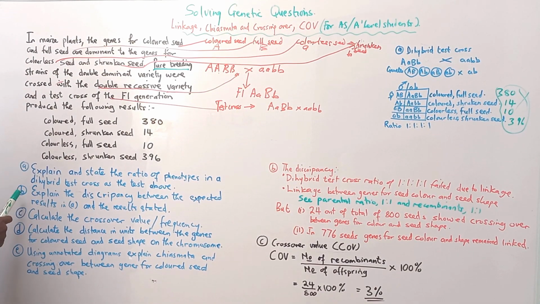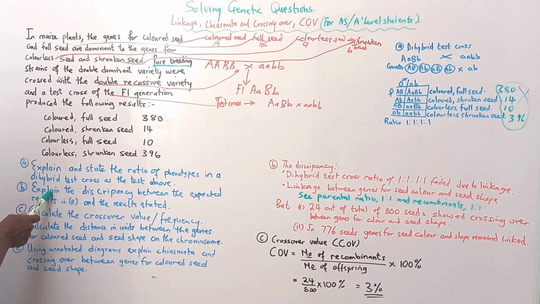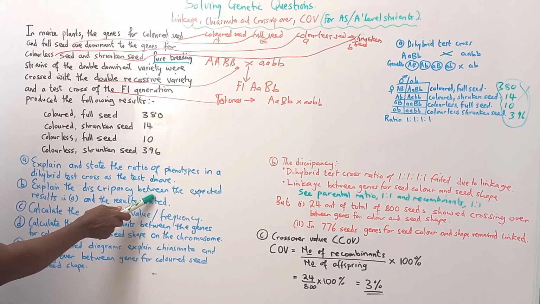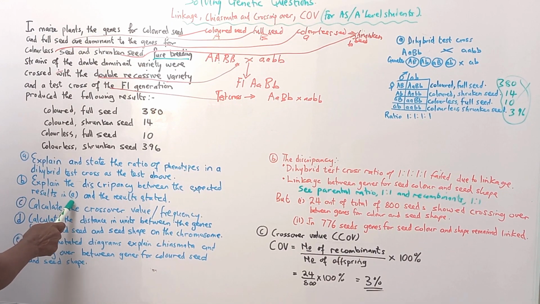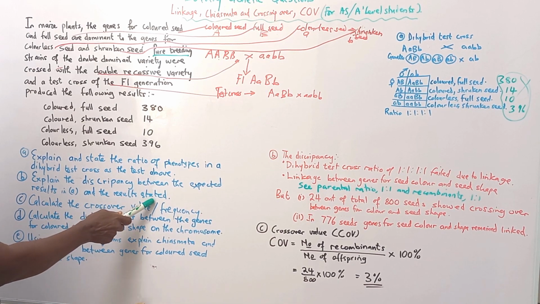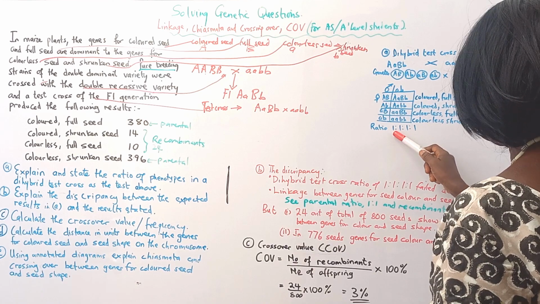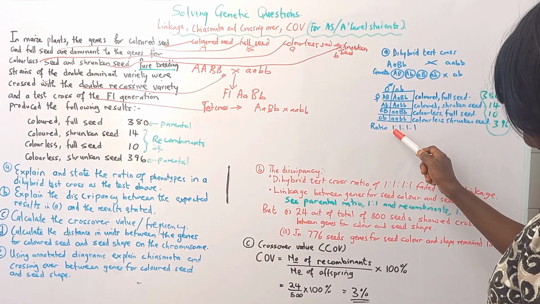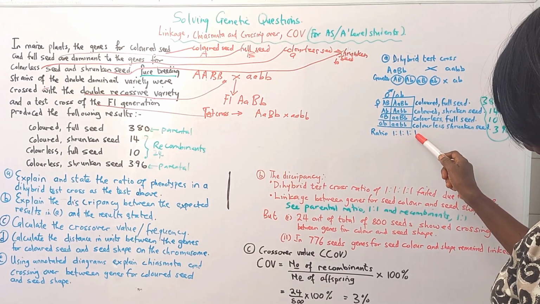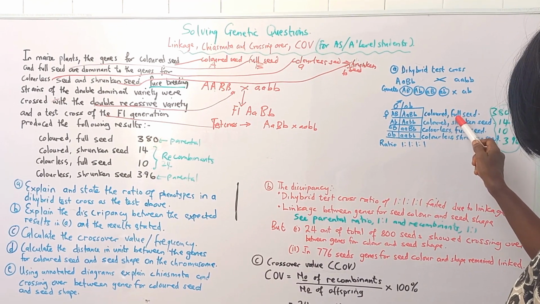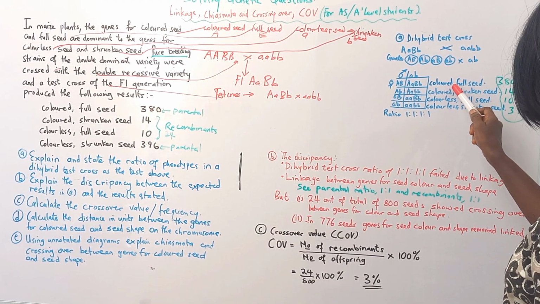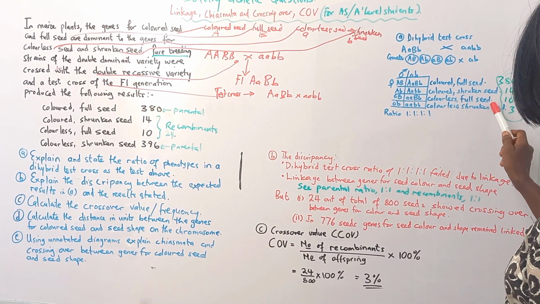In question B, we are supposed to explain the discrepancy between the expected results in A and the results stated. The expected results in A, which we have proved, is a ratio of 1:1:1:1, meaning all these should have almost the same numbers.